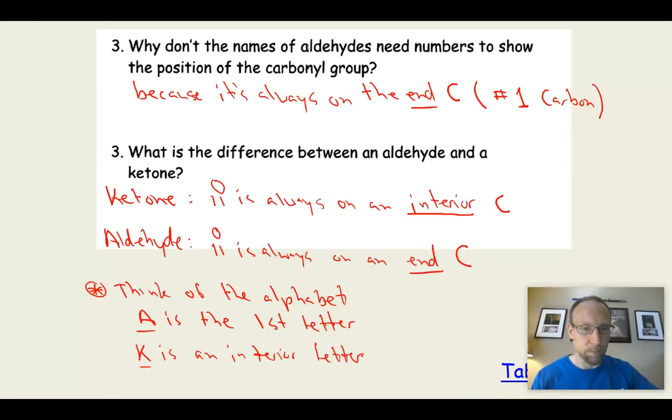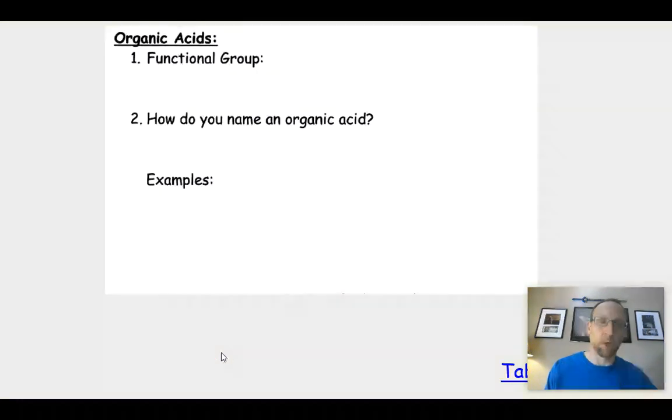Okay? So aldehyde, first letter, A, always on the first carbon. K, interior letter. The carbonyl group is always on an interior carbon, right? So that's the differences between them. So they are very similar looking. And they're right next to each other on table R. We'll talk about that at the end here.